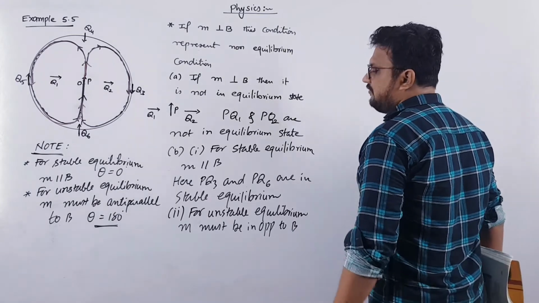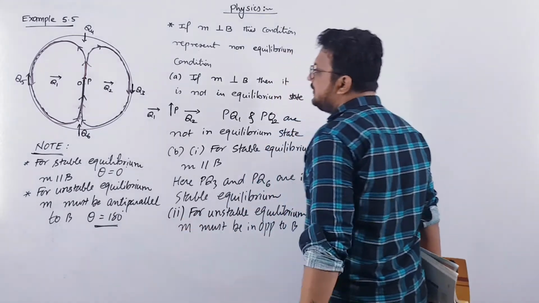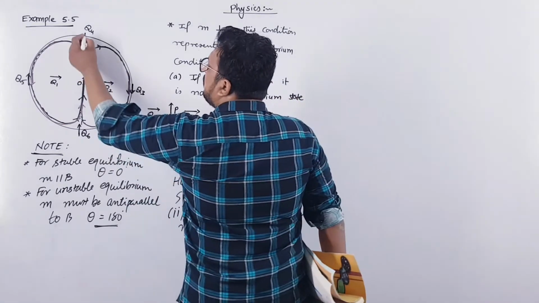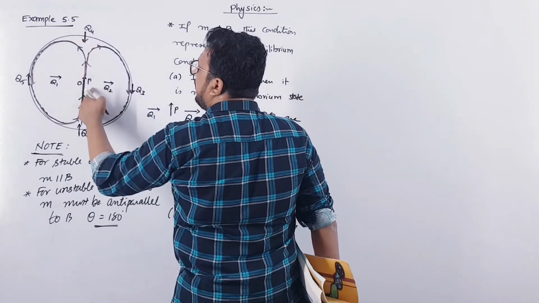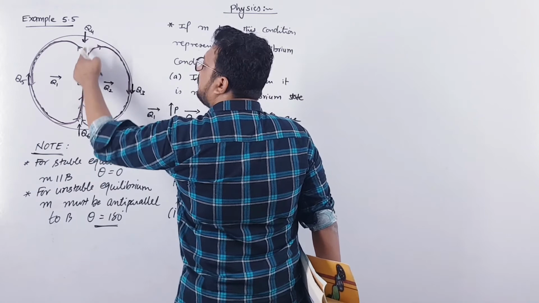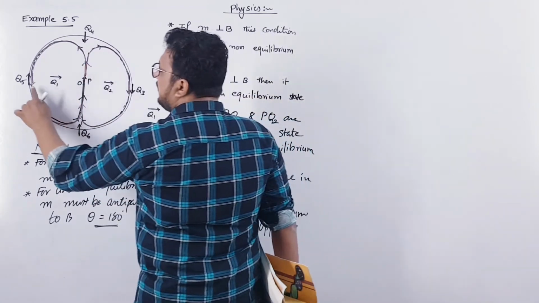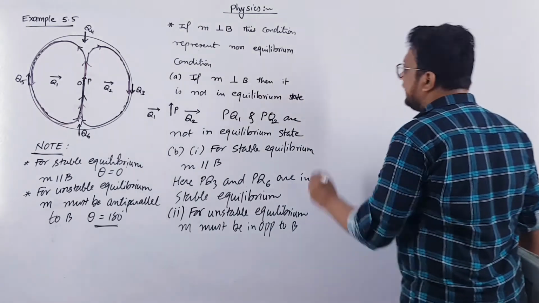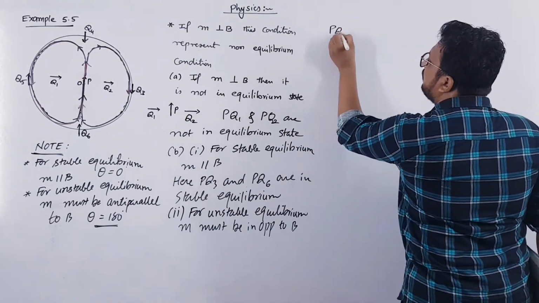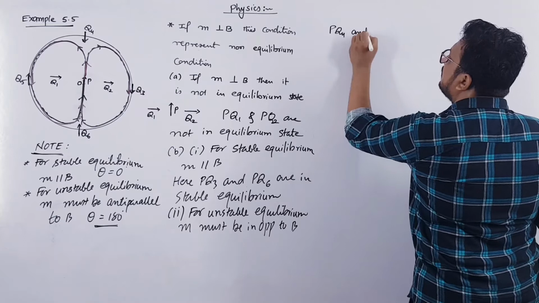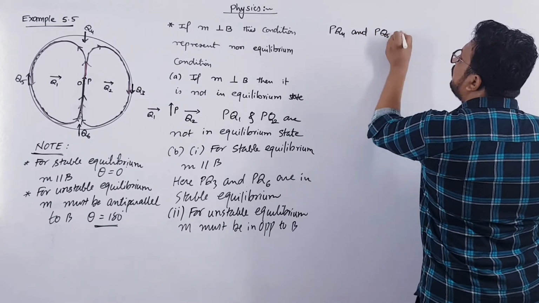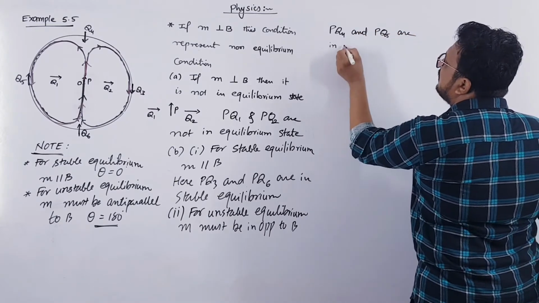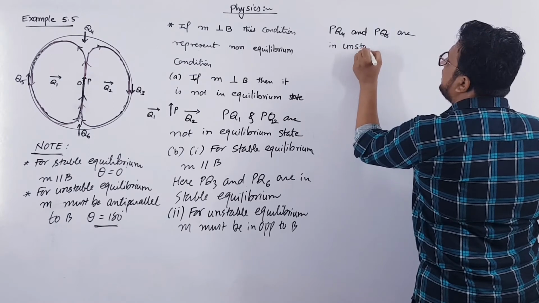So here we have already written the angle must be 180 degree. Here you can see that Q4 is pointing in the downward direction while P is pointing in the upward direction, so they are in opposite directions. In the same way, Q5 and P are in opposite directions. So you can say that PQ4 and PQ5 are in unstable equilibrium.